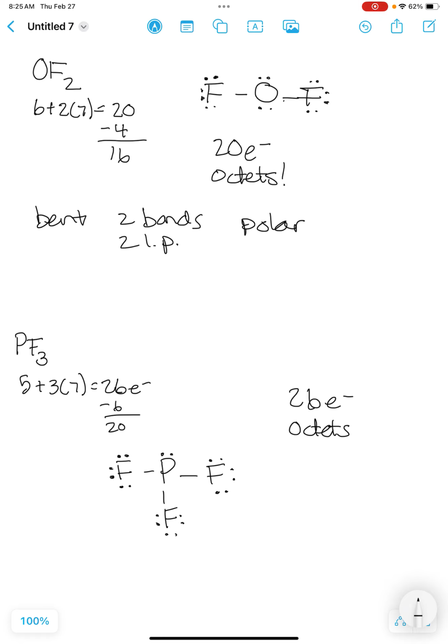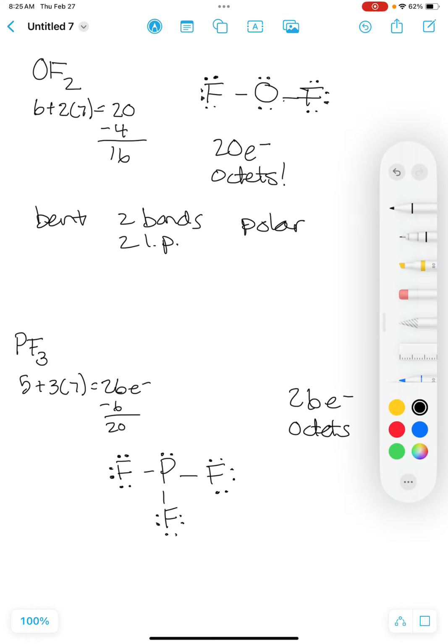I'm going to use a different color to count here, this green. So I have 2, 4, 6, 8, 10, 12, 14, 16, 18, 20, 22, 24, 26 electrons.